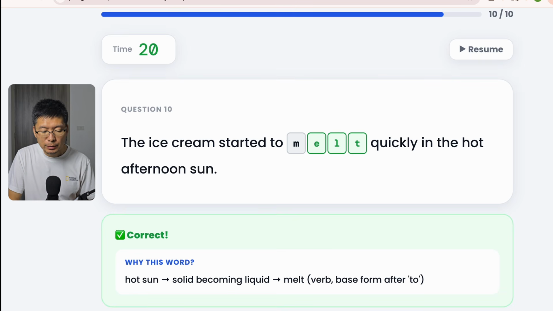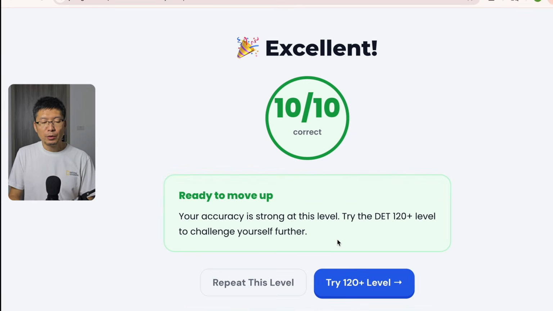Okay, so let's see the result. We finished the 10 questions. If you have tracked your answers, you can know how many questions you answered correctly. If you can answer correctly at least 8 questions, it means your foundation for the Duolingo English Test can be around 100 to 110.